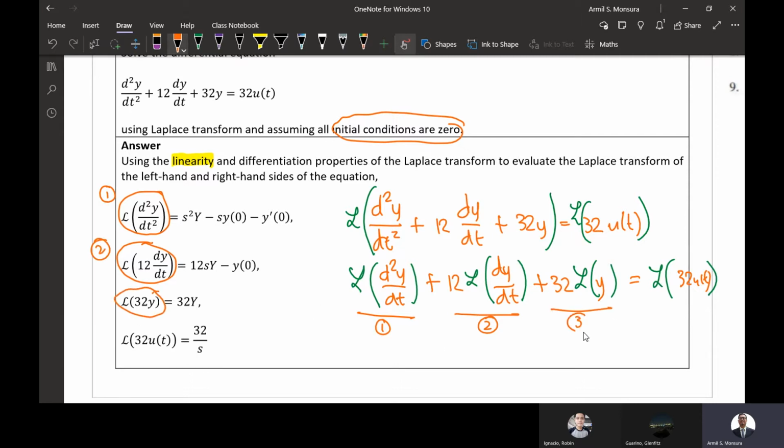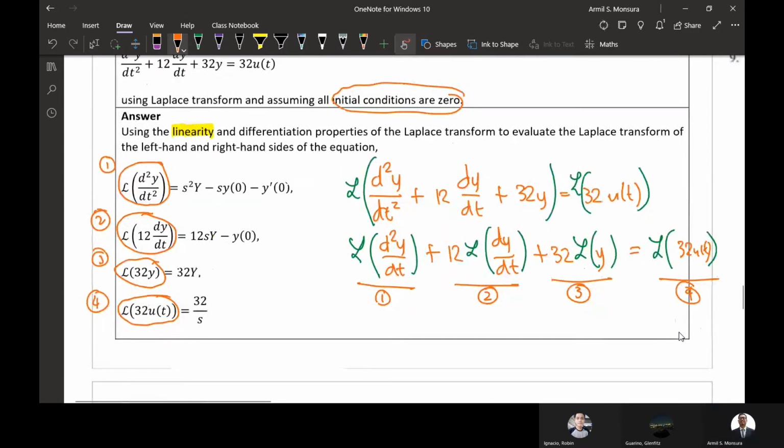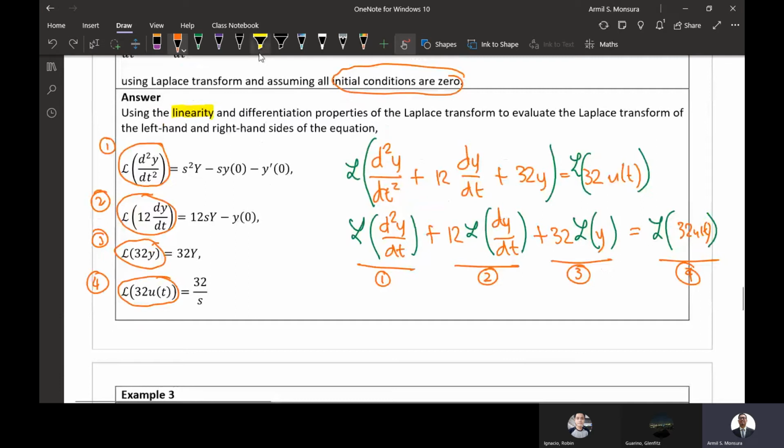And then, finally, ito. Okay? So, in these cases, i-apply natin ngayon yung differentiation property. Wait lang. Ayan. Nawala sa connection nito. Ayan. So, applying now differentiation property.